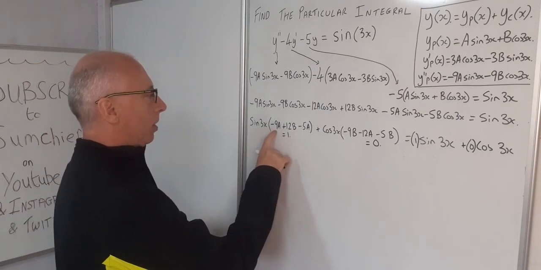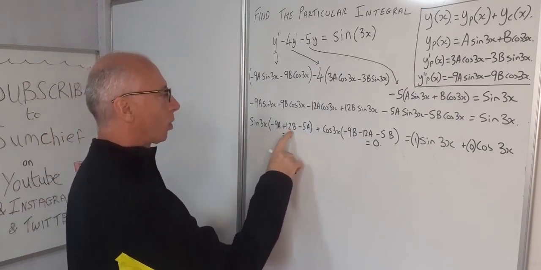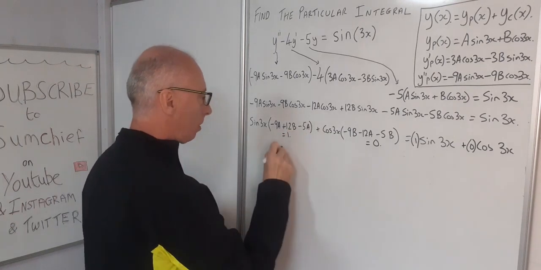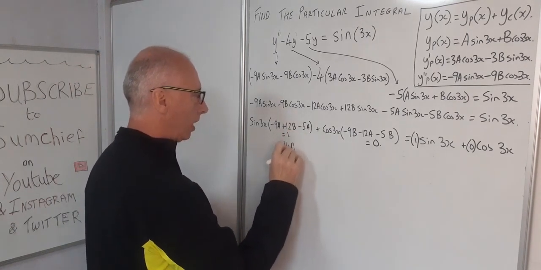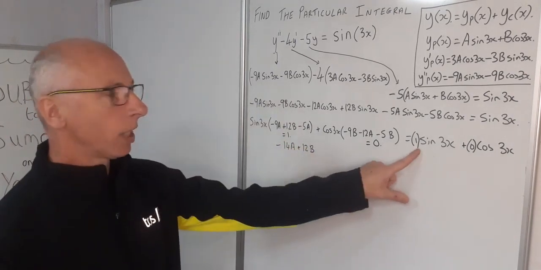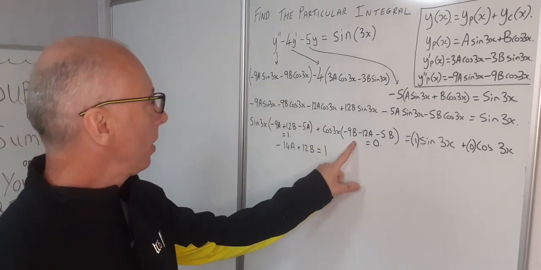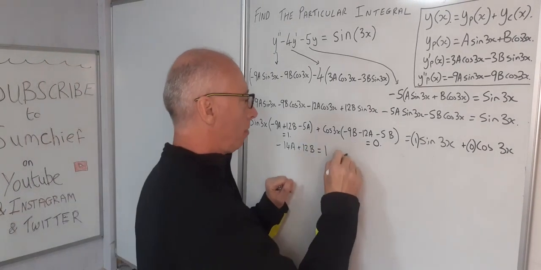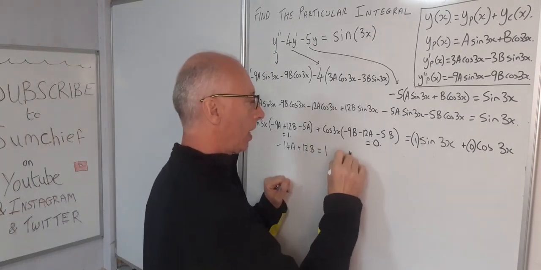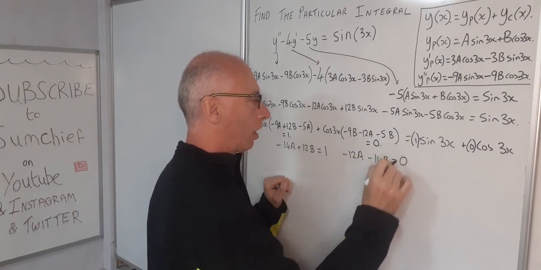So minus 9a minus 5a, so that gives us minus 14a and 12b. So now I've got minus 14a plus 12b. That should equal 1. And now this side, I've now got minus 12a minus 14b equals 0.